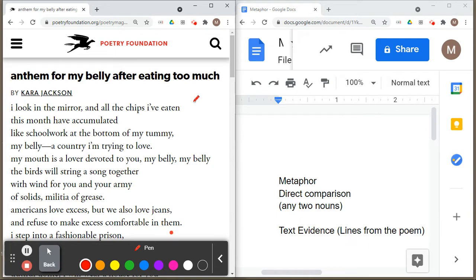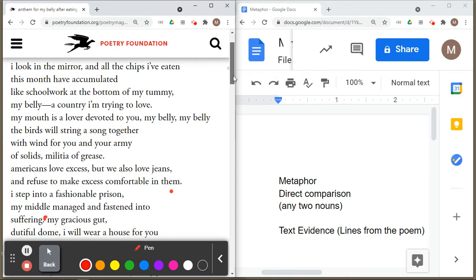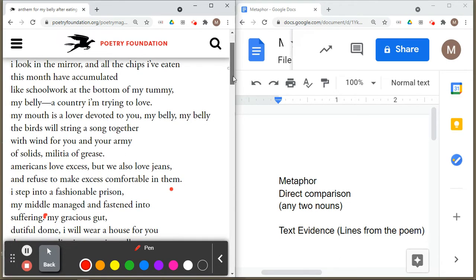Anthem for My Belly After Eating Too Much by Kara Jackson. I look in the mirror and all the chips I've eaten this month have accumulated like schoolwork at the bottom of my tummy, my belly, a country I'm trying to love. My mouth is a lover devoted to you. My belly, the birds will string a song together with wind for you and your army of solids, militia of grease.